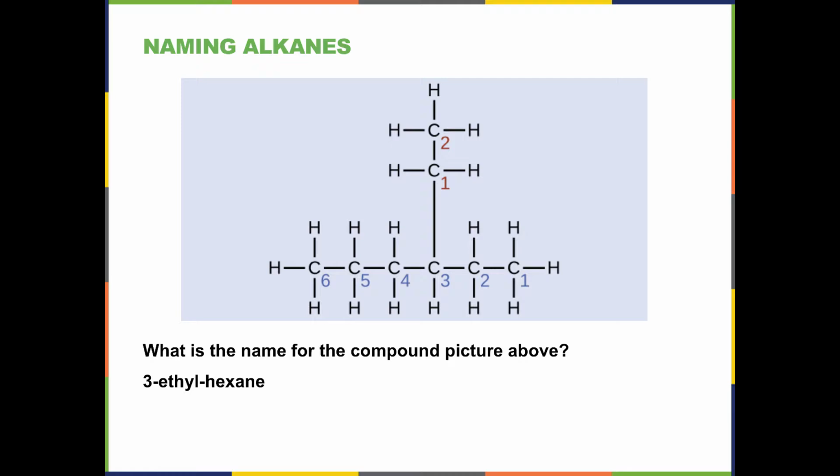And so no matter how you draw it, the longest chain that you're going to get is a 6-carbon chain, and so it's hexane. And again, you're going to number from right to left, because if you number from left to right, you end up with 4-ethyl hexane. You don't want that. You want as small numbers as possible. And so it would be 3-ethyl, it's ethyl because it's 2 carbons, 3-ethyl hexane.